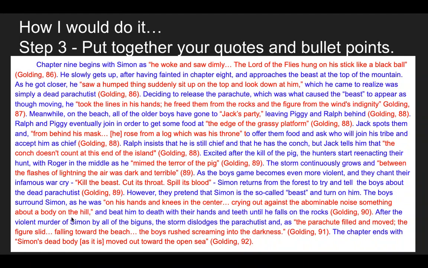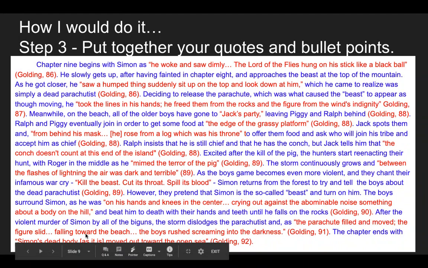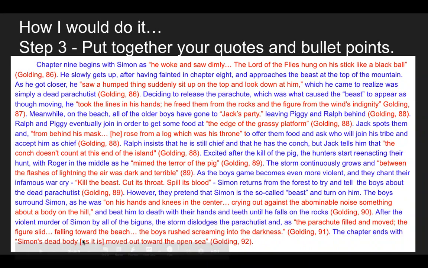The chapter ends with Simon's dead body as it is moved out toward the open sea. That bit wasn't there, but I needed it to make the sentence flow and be correct. So I've put the square parentheses so the readers know they're not the author's words. I've added them, but the meaning cannot change. You cannot change things like adjectives or verbs or adverbs or stuff like that. You can change articles and pronouns to make it fit.